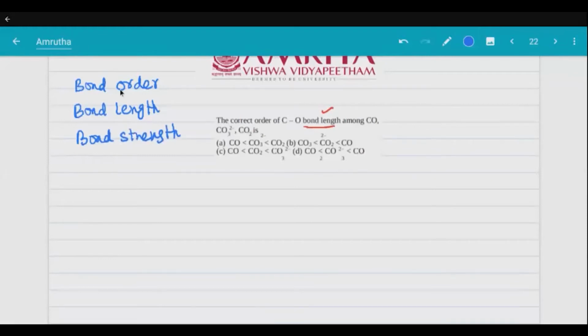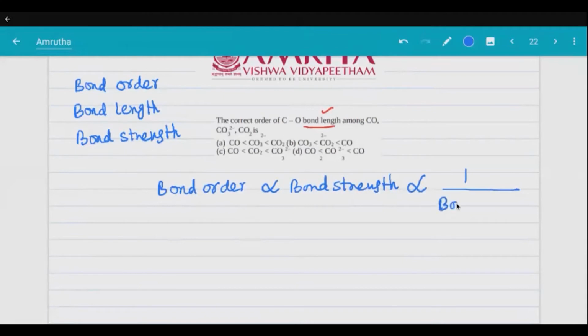So these three are bond parameters, and they are interrelated. Bond order is directly proportional to bond strength. That means the more the number of bonds, the more the attractions, so the stronger the bond. Exactly true. But it is inversely related to bond length.